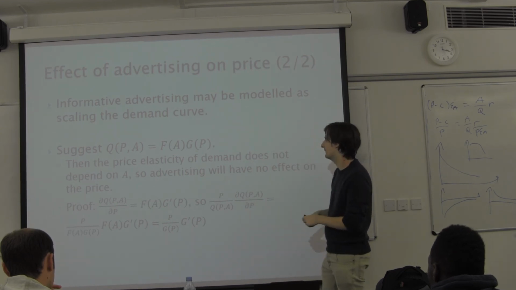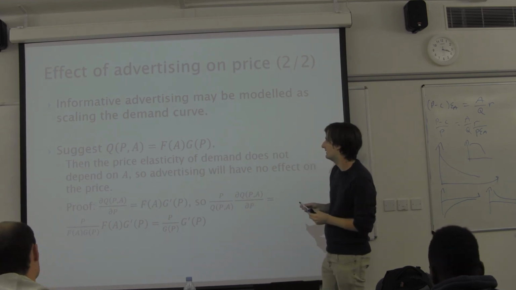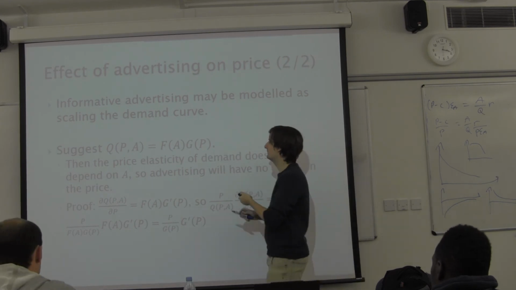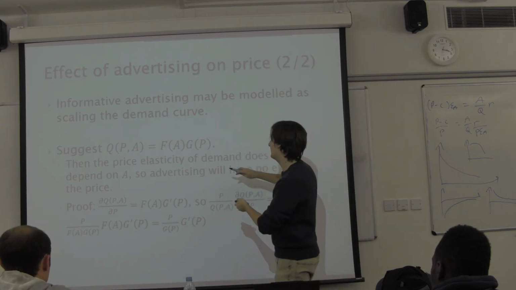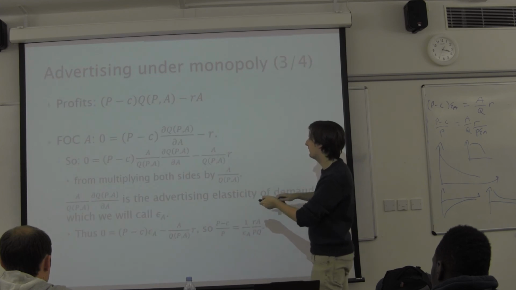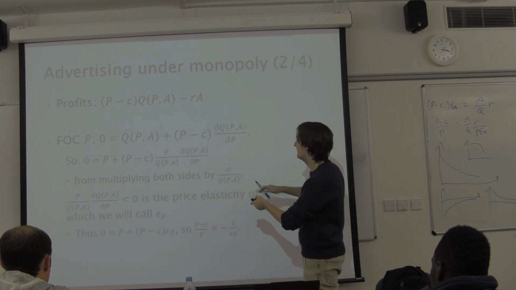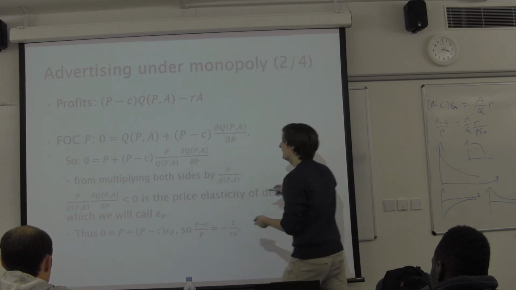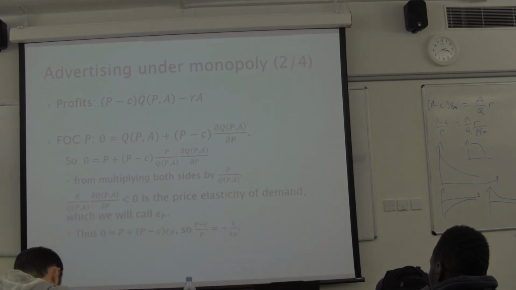So in this case, price elasticity of demand does not depend on A. Remember, the price elasticity of demand is this expression. So we had Q of P, A is F of A, G of P. Is that what I have? Yeah.